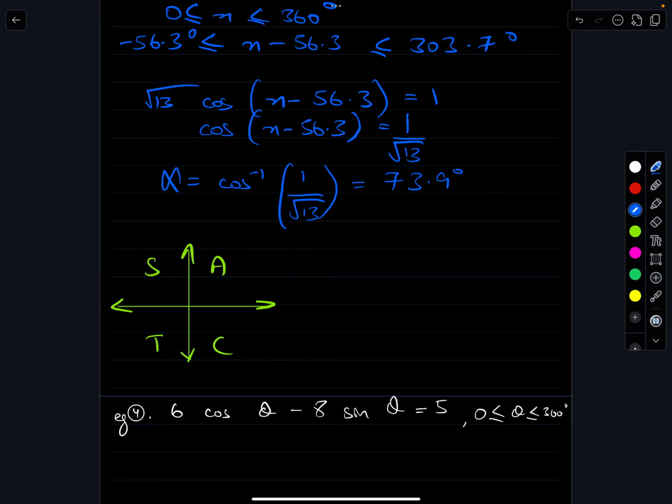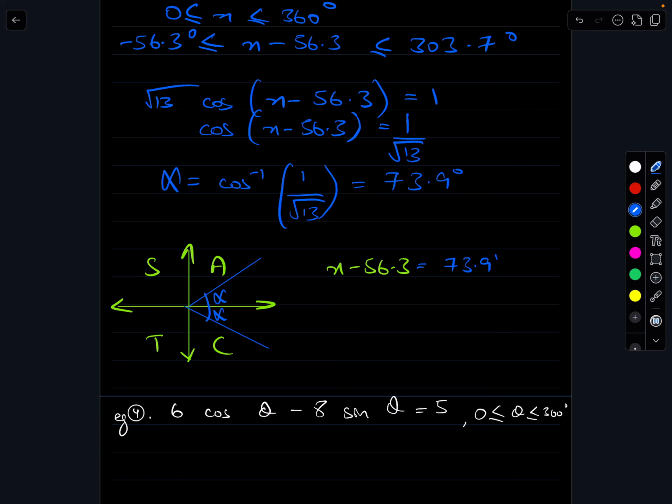So this is ASTC. Cos was positive, and cos is positive in the first and last quadrants only. Thus, this is where alpha is gonna lie. We'll solve for x. So this is the range. Again, this whole thing is the range, and we must consider this. So x minus 56.3. I write this in yellow so I remember.